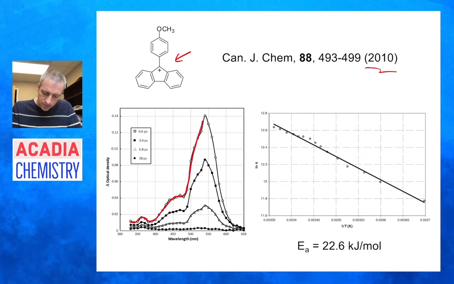This absorbance spectrum is just showing what wavelengths of light the compound absorbs. This spectrum was recorded 0.6 microseconds after the compound was generated. Then we waited a short period of time, to 3.4 microseconds, which again is a very short period of time.